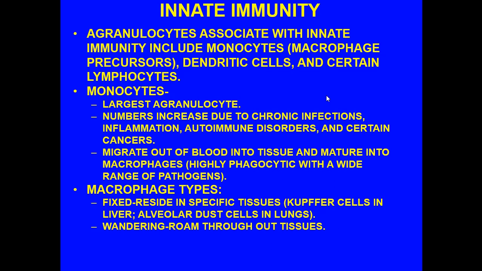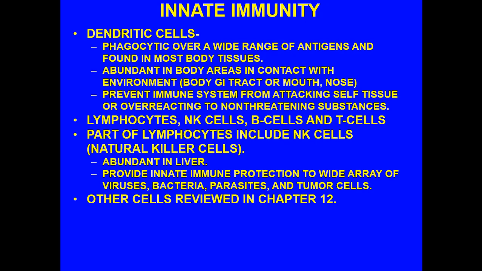Macrophage types. Keep in mind, I mentioned earlier, there's fixed and there's wandering. The fixed hang in specific tissues. Another example besides the Kupffer cells in the liver is the alveolar dust cells that you find in the lungs. They're right down in the alveoli of the lungs and keep it nice and sterile. Wandering ones will wander throughout tissues.